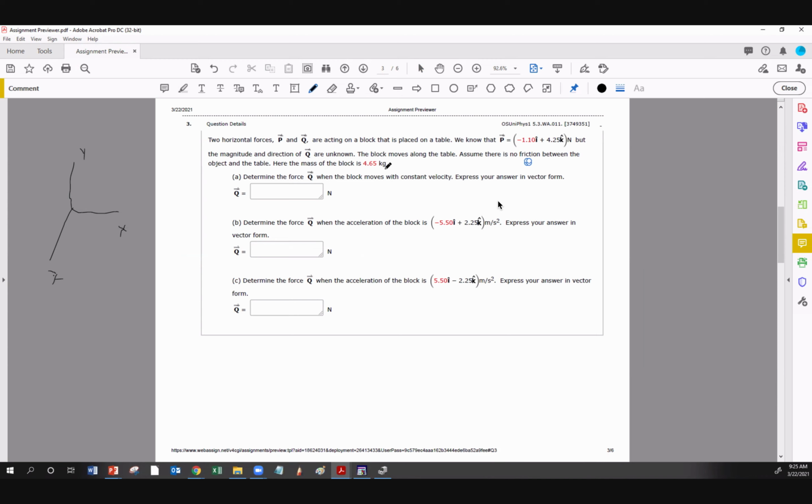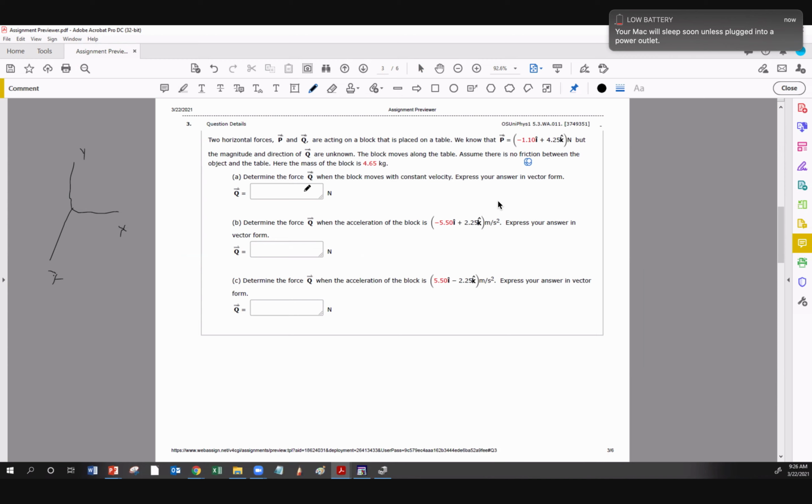There's no acceleration, so the sum of the forces is 0, right? So it'd have to be opposite signs for both values. Right. So that means that Q has to be plus 1.10 i hat and minus 4.25 k hat.